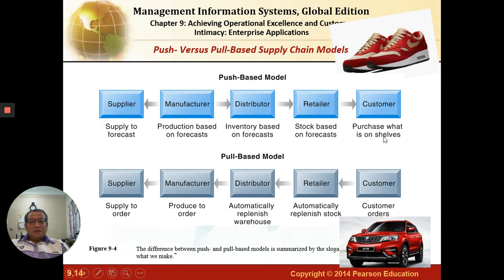However, the second model of supply chain management system is more towards a pull-based model. The pull-based model starts from the customer, in which the customer pulls the manufacturer and supplier to produce the product that the customer wants. For example, a typical product for the pull-based model is automotive, like an automobile. Normally the customer can decide what kind of model he or she wants, for example the color, the design, the engine horsepower.